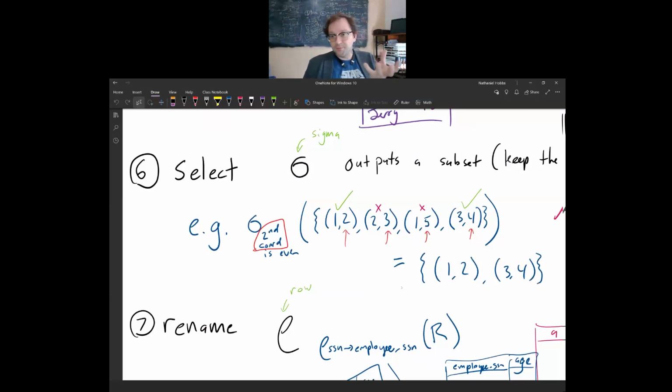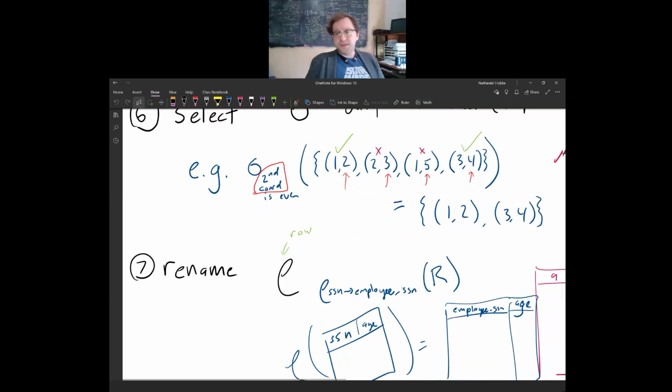And then whatever set remains is the result. And then there's a rename operation, and this just renames a column or renames one of the dimensions. This is more for like bookkeeping.